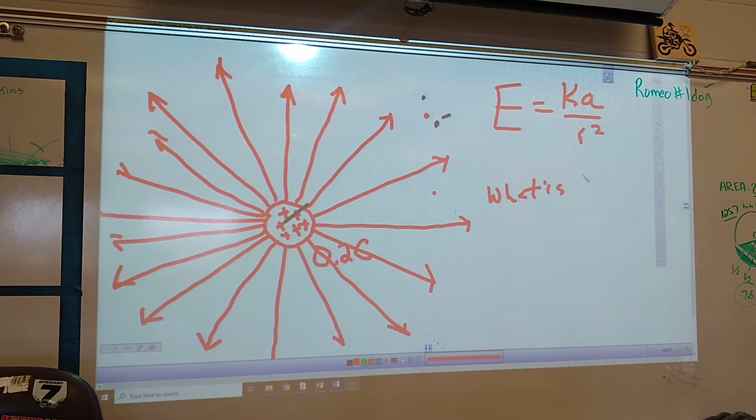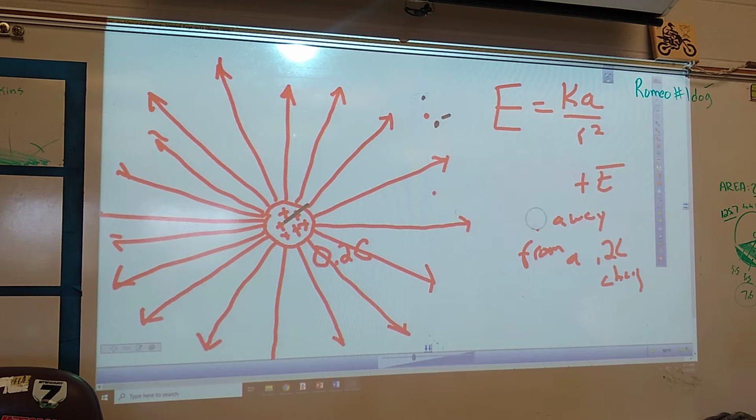What is the electric field intensity 0.5 meters away from a 0.2 Coulomb charge? That's the question. That's very sloppily written.